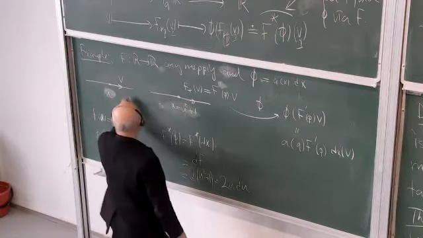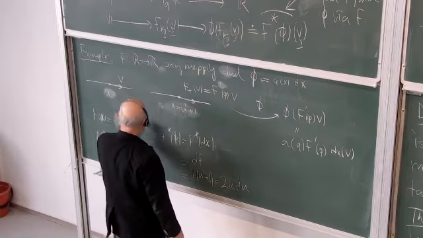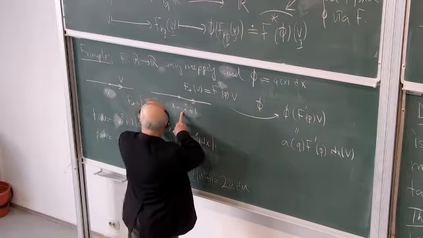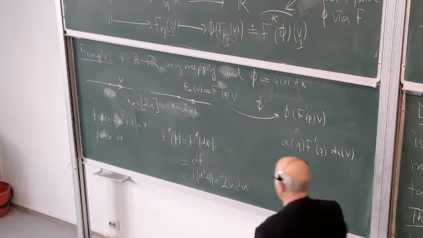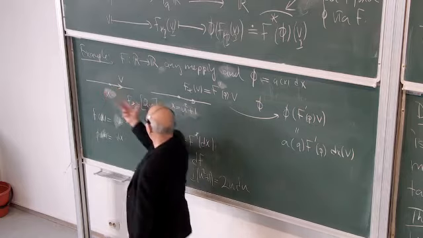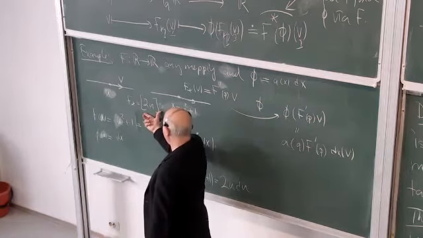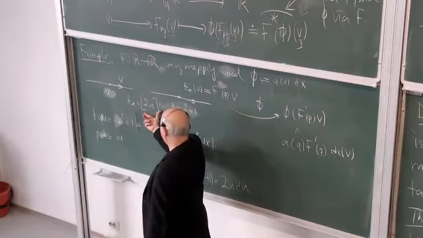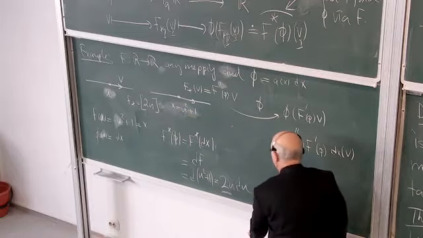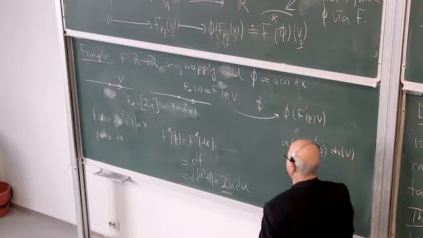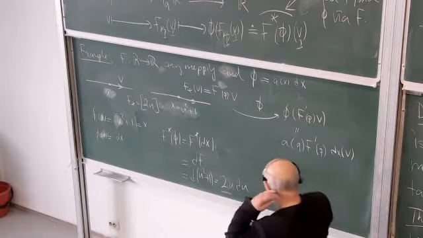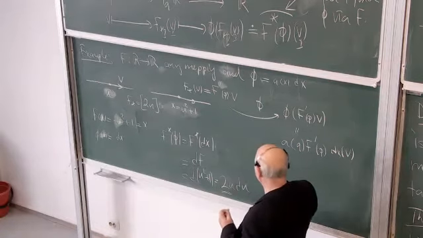Here I have this f star map. The f star map is a 1-by-1 matrix given by 2u. So when you have a vector here, you multiply that vector by 2u, and then you feed that vector to the one form dx.